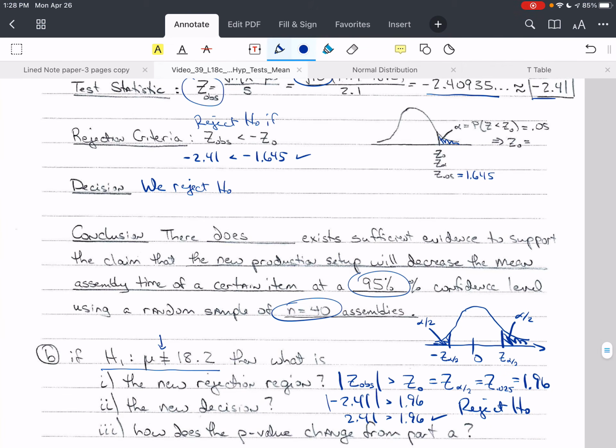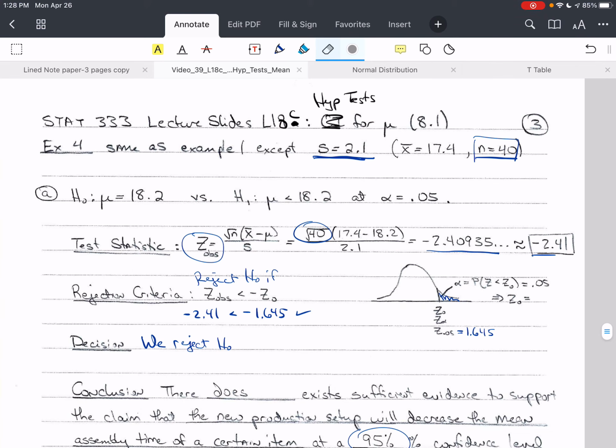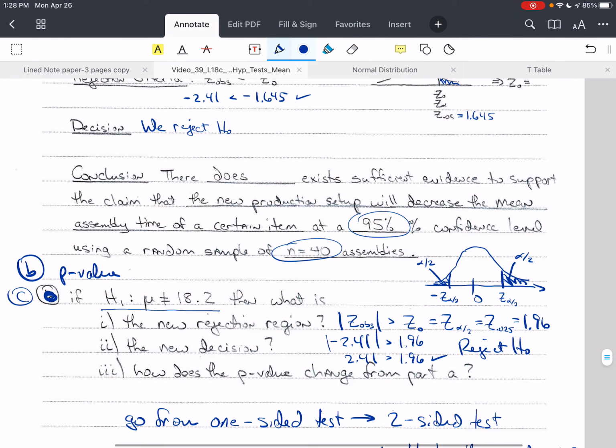So the p-value, maybe we'll call this C. So B is the p-value for this, and it's going to be, for our original problem, less than, since we have a less than here. So we're going to have the p-value is equal to 0.0080, okay? Because it's the probability that Z is less than Z observed.